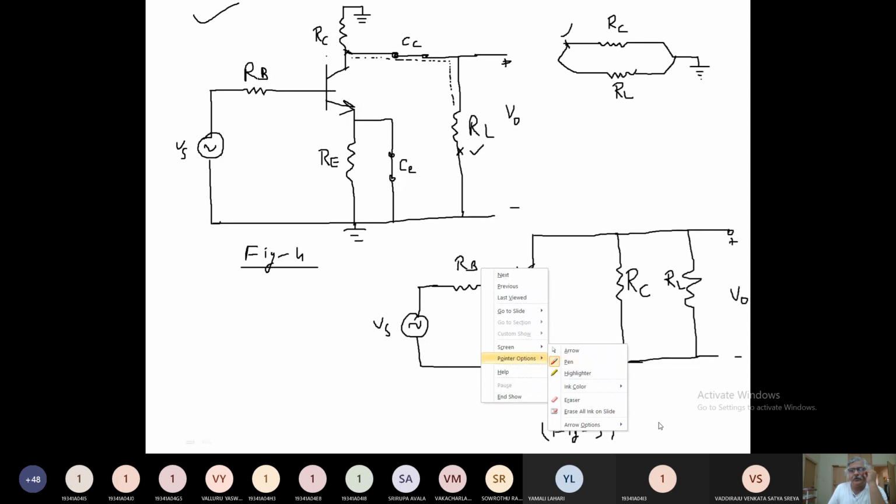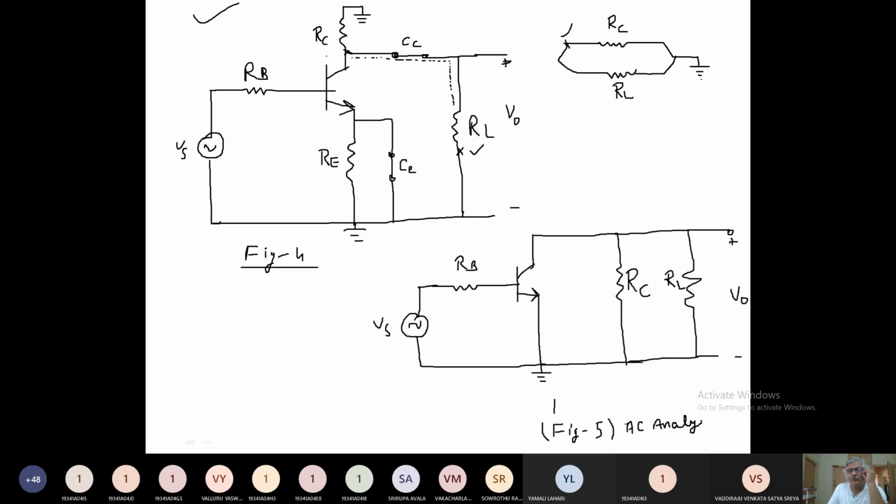And this figure 5 is for AC analysis at low frequency, right? Because at low frequency, the capacitance will act as a short circuit.